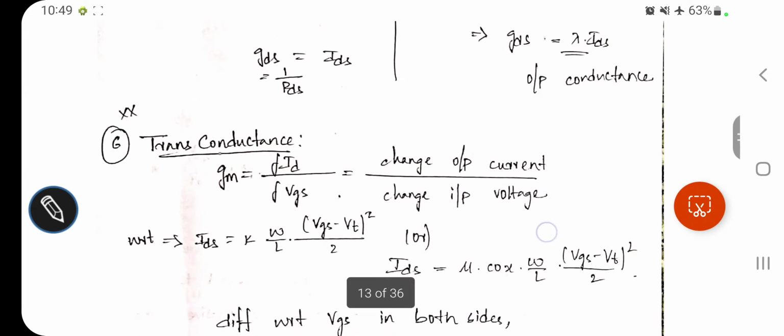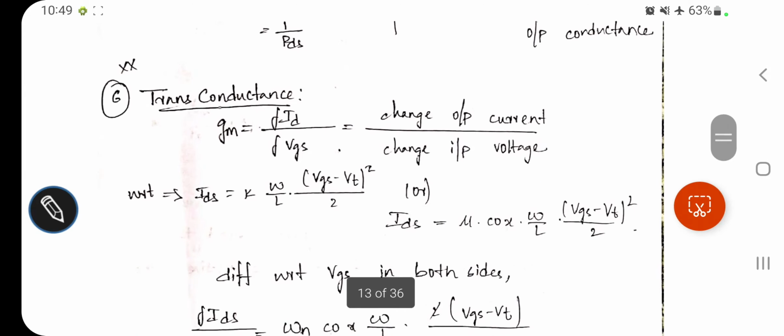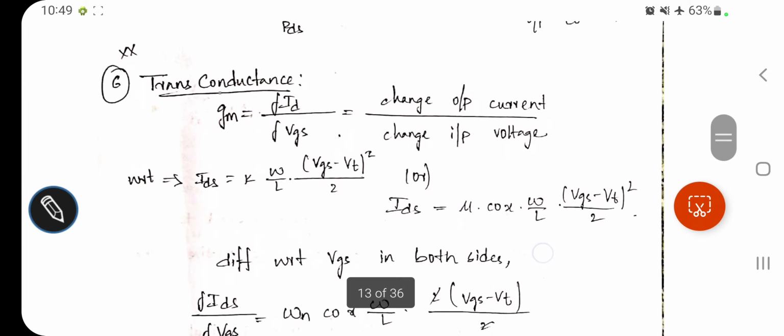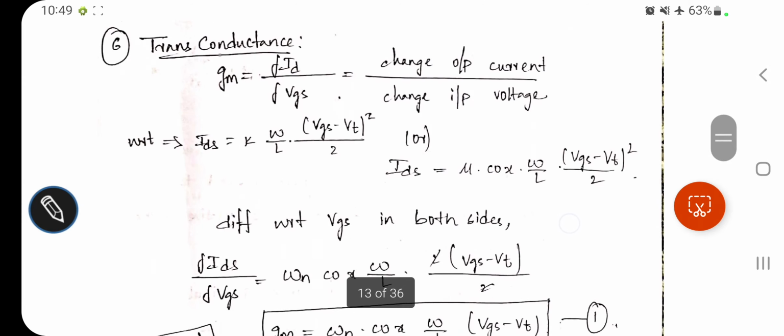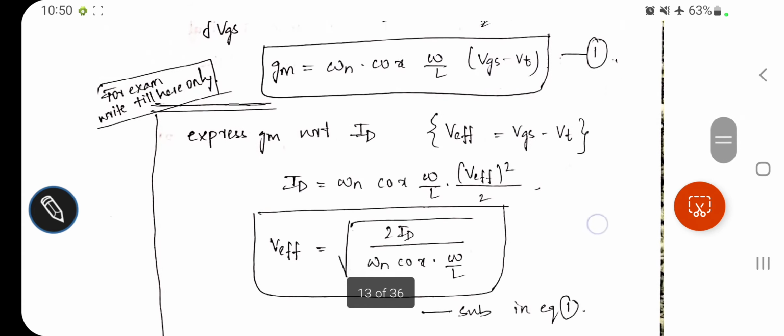The equation used is the saturation current equation, differentiated with respect to VGS: dou IDS by dou VGS, the change of output by the change of input voltage. Whereas for output conductance, the output resistance RDS, we use the non-saturation current equation.